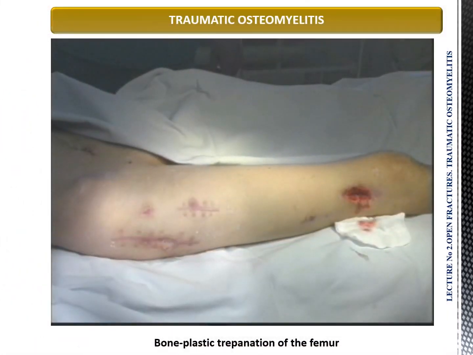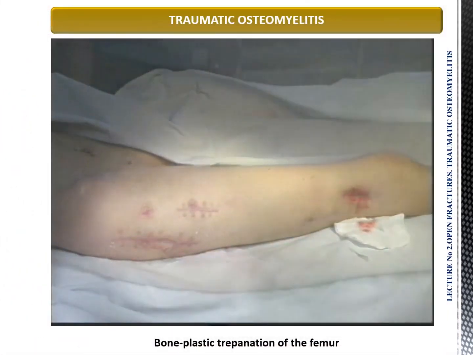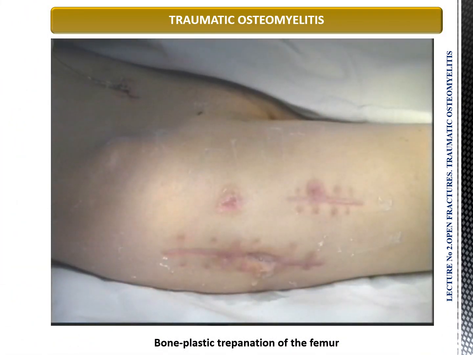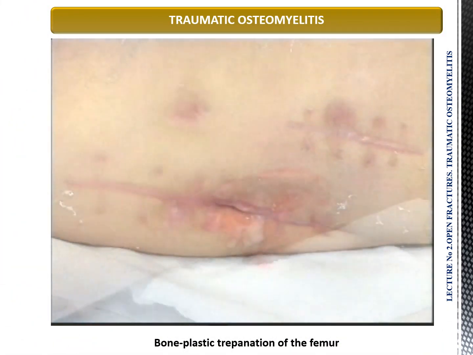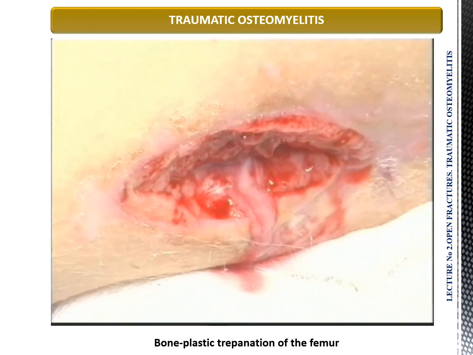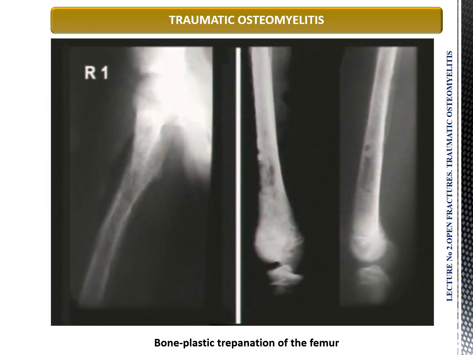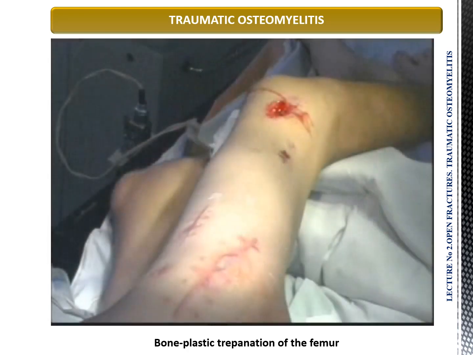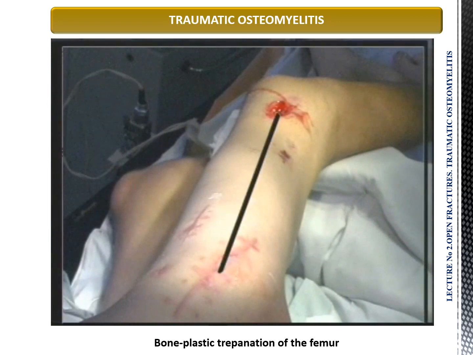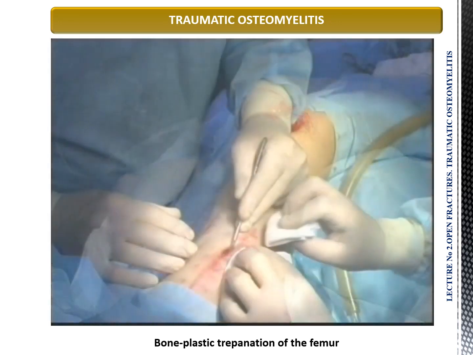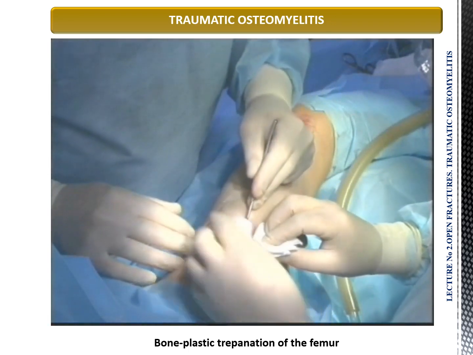Total lesion of the right femur with hematogenous osteomyelitis. Previously, the patient was operated on several times. Osteoplastic trepanation of the femur is shown. To access the femur, we make an incision of the skin along the anterior lateral surface of the thigh.